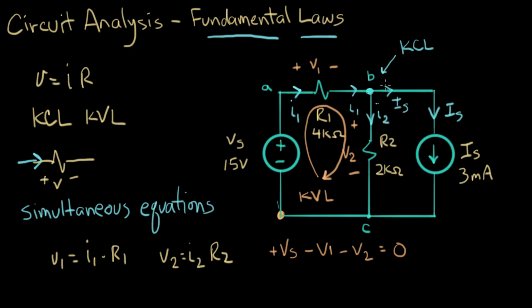So for Kirchhoff's current law, let's count the currents going into node B. The current going into node B is I1. We'll set that equal to the sum of the currents going out of node B. So that's equal to I2 plus IS.